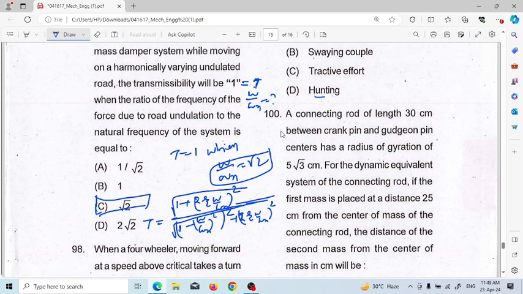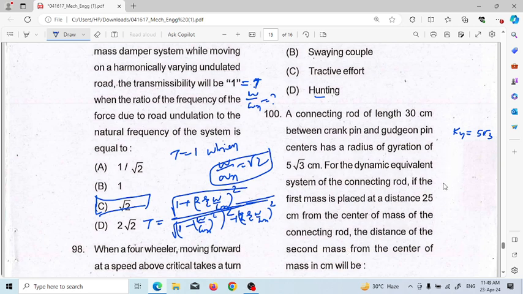Next, the last question. A connecting rod of length 30 cm between crank pin and gudgeon pin has a radius of gyration of 5 root 3. For dynamic equivalence of the connecting rod, if the first mass is placed at a distance of 25 cm from the center of mass, then find the distance of the second mass.